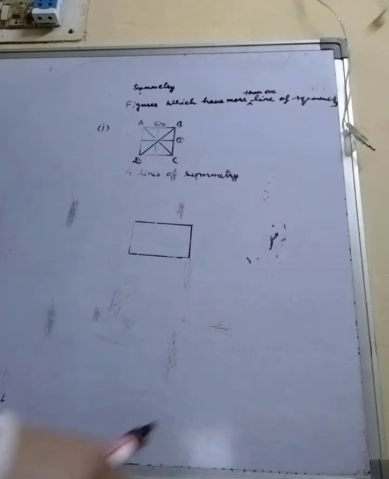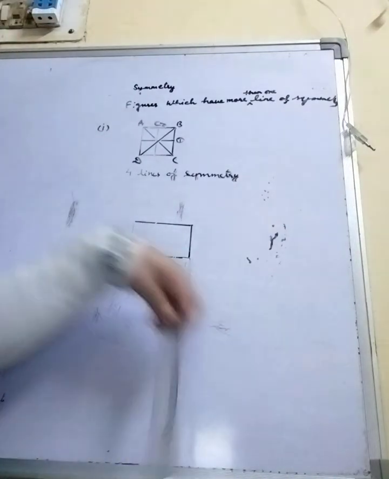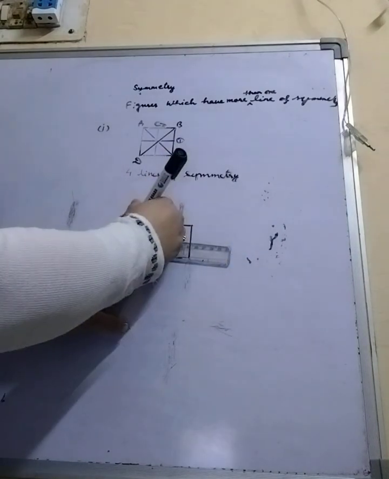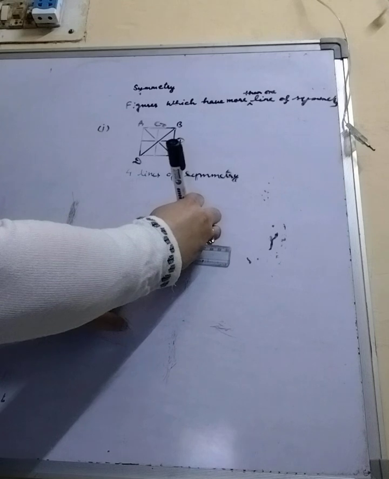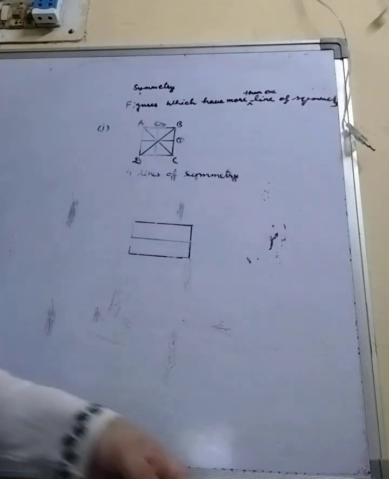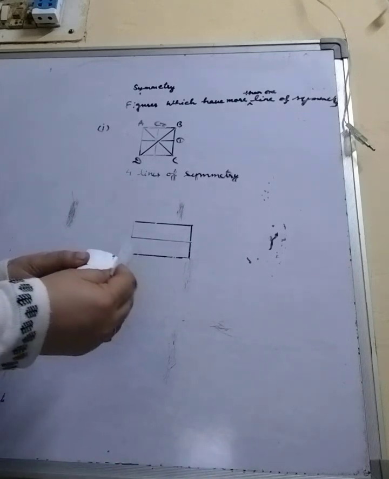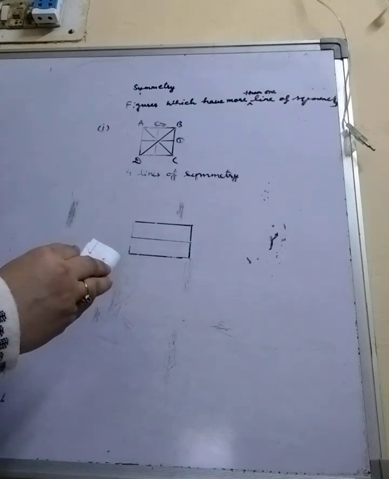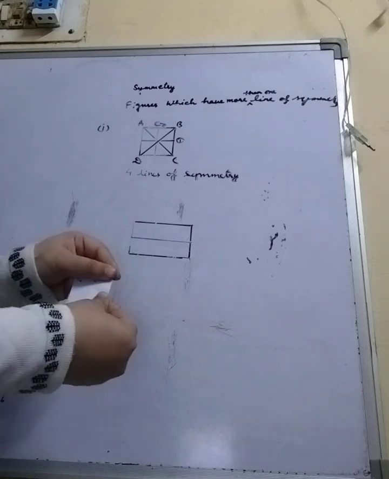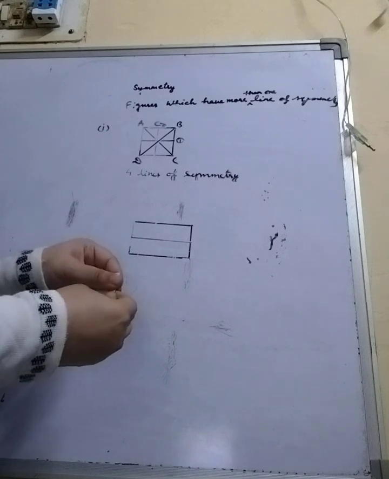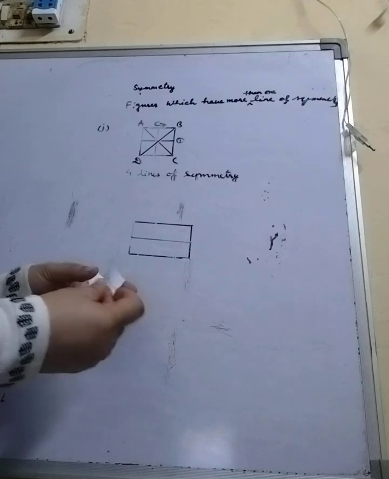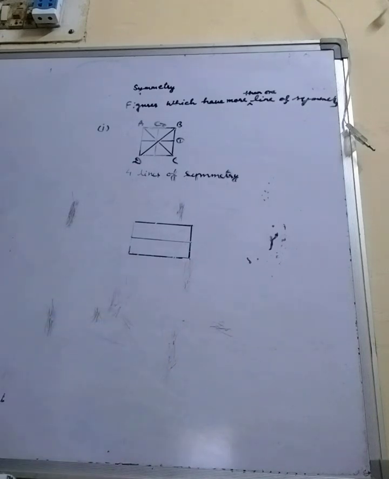Similarly, in the figure, I will get the first line of symmetry. Then next, if you fold it along the left side, you get the second line of symmetry, and this is the vertical line of symmetry, the second fold.